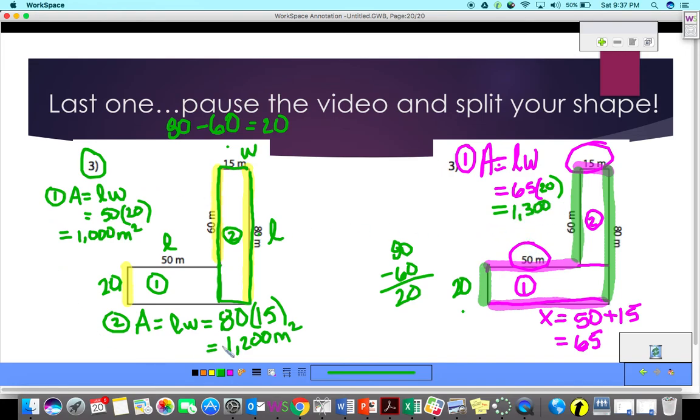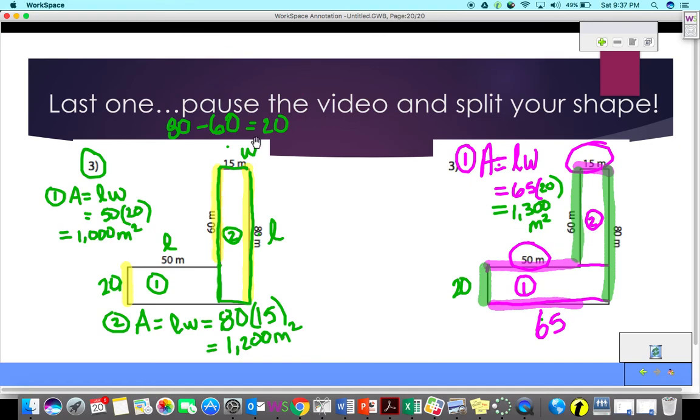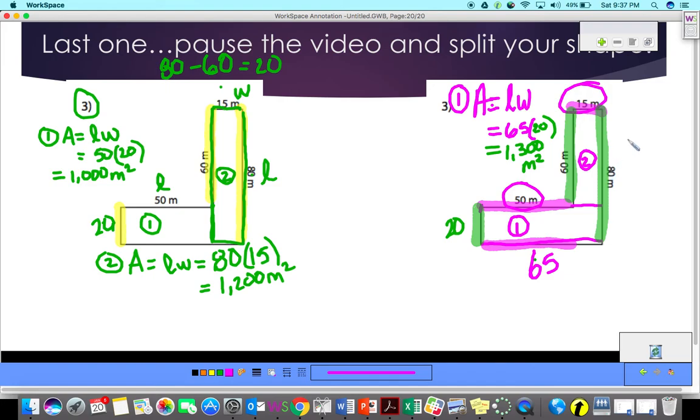Now some of you might be looking over these two answers and saying, those don't match. You're right, but hang on, we're going to see how things come together. So I need a little more space, so I'm going to erase some of this. So this was a measurement of 65 down here. Now we need to find shape 2. Shape 2 is just this piece right here. One of the nice things about this is that shape 2 gives me all the information that I need.